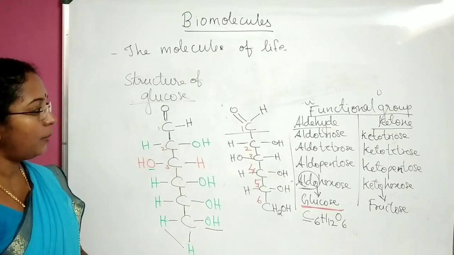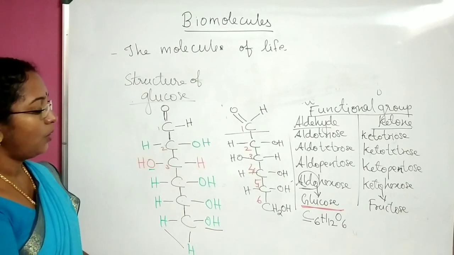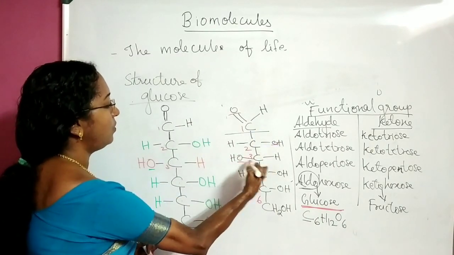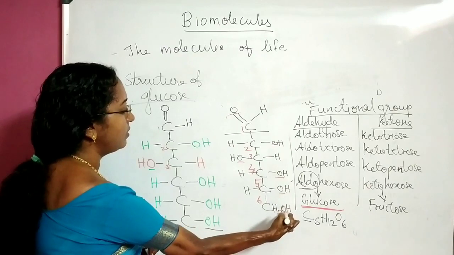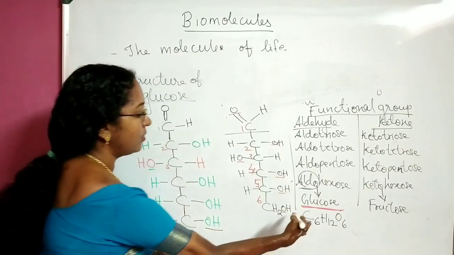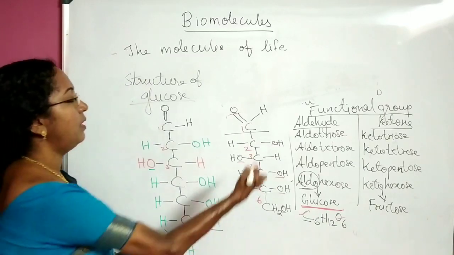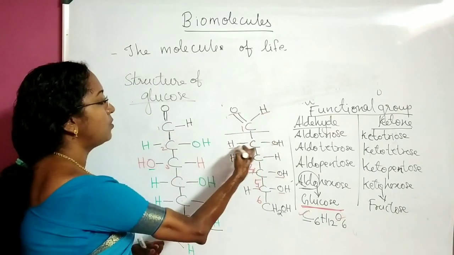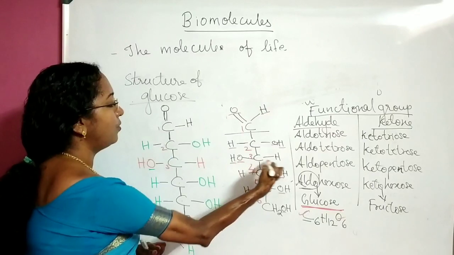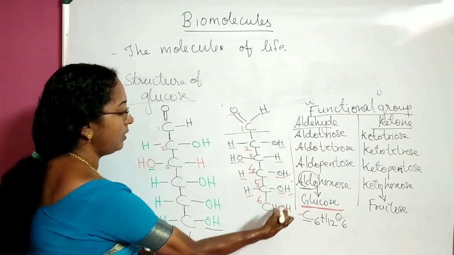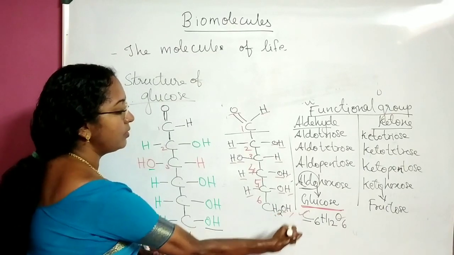If you count the number of oxygen, how many should it be? 6. 1, 2, 3, 4, 5, 6 oxygen, right? So C6O6. Hydrogen should be 12 in number. Let us count. 1, 2, 3, 4, 5, 6, 7, 8, 9, 10, 11 and 12.